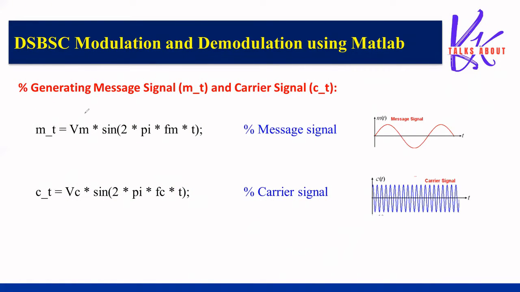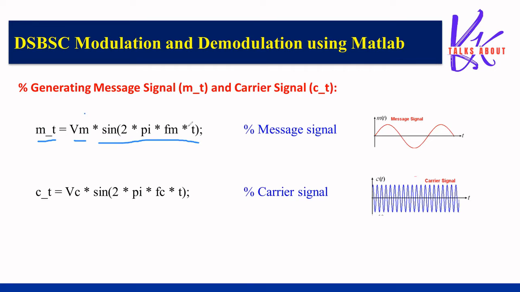Here the message signal is defined as m(t) or m_t, or simply you can take a variable m, which is Vm into sine of 2 pi fm t. So we are defining our message signal and carrier signal in terms of sinusoidal wave.